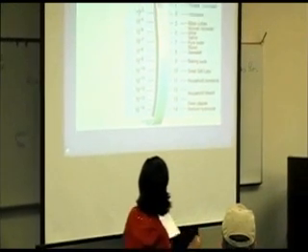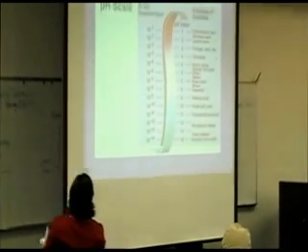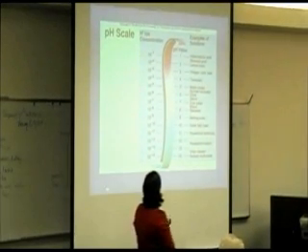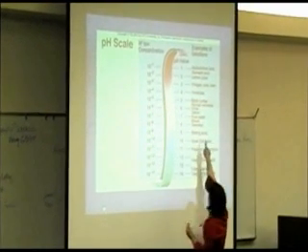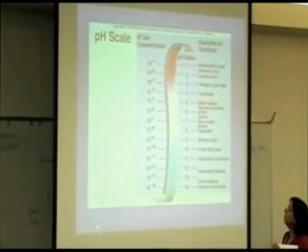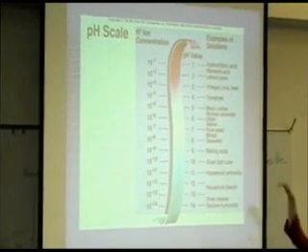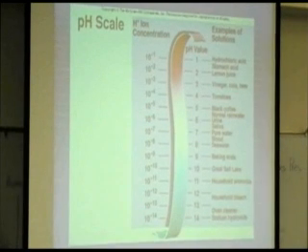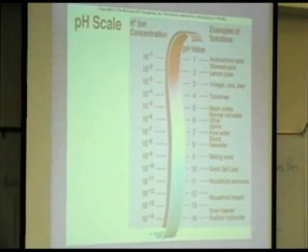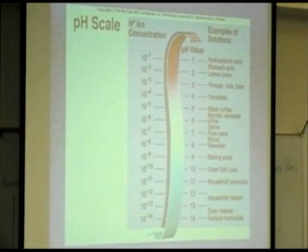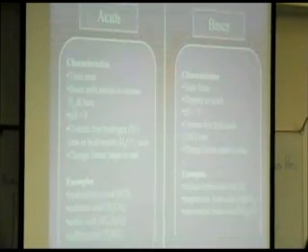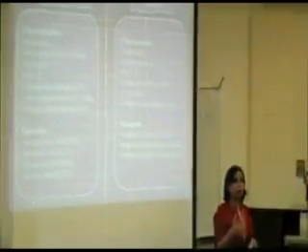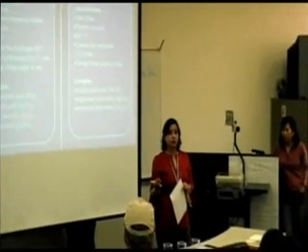On this scale, you can see 7 is neutral, and it's pure water. Less than 7, those are all acids, and more than 7, those are the bases. Should we do the lab first? We're going to do the lab first, the properties of acids and bases.